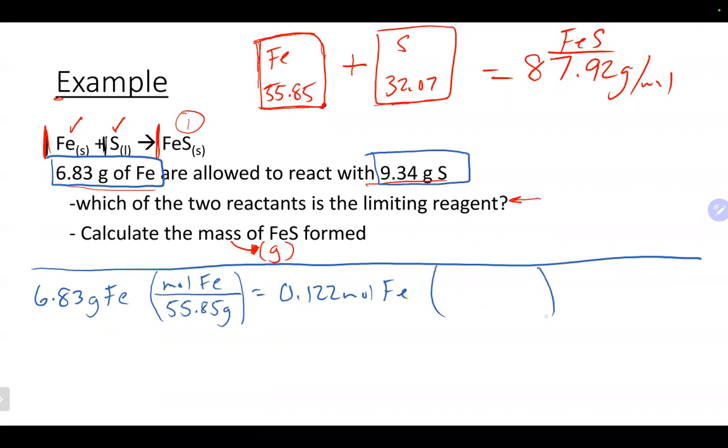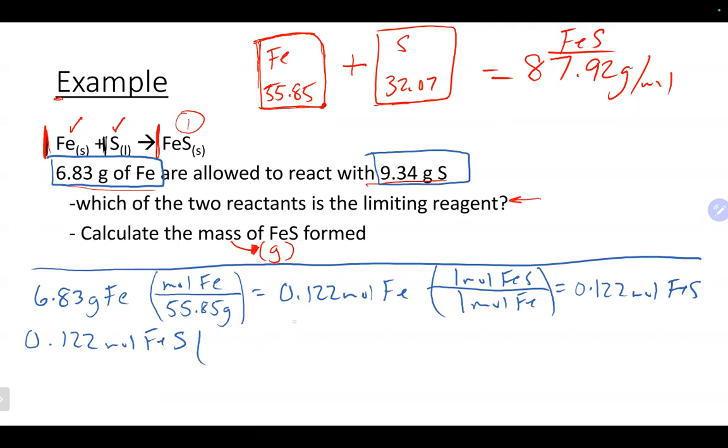We then would do our stoichiometry between iron and our product, which gives us 0.122 moles of iron sulfide, and carrying that over using our molar mass that we got up there on top, 87.92 grams per mole, gives us about 10.7 grams of our FeS.